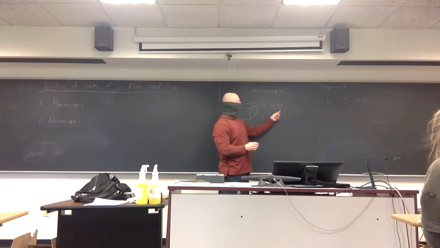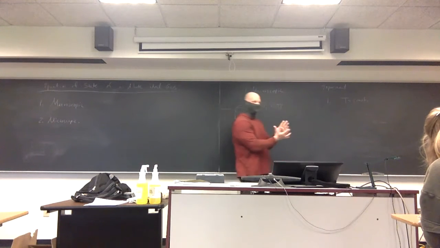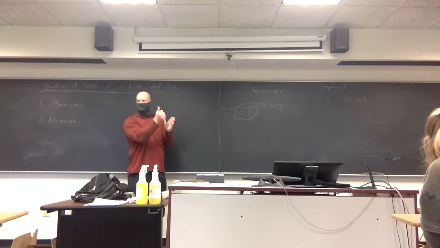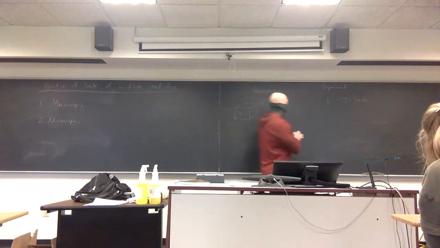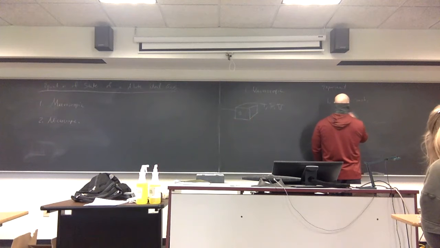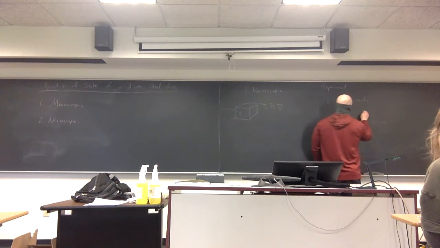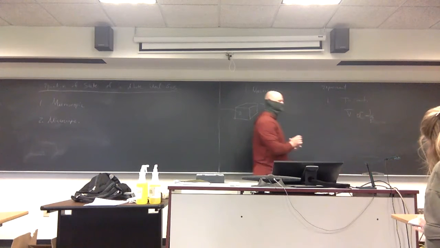First things first, what I notice is that if I change the volume, for example if I shrink the volume, the pressure goes up. If I increase the volume, the pressure goes down. So ultimately, by playing with the volume, this has to be inversely proportional to the pressure.